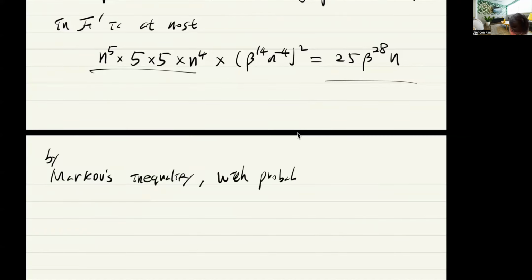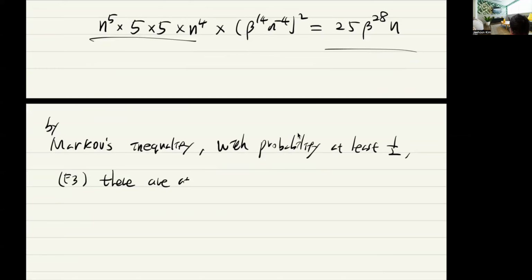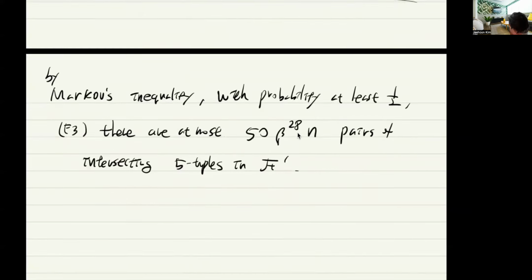So with probability at least half, we know another property, that there are at most 50 β^28 n pairs of intersecting 5-tuples in this F prime.